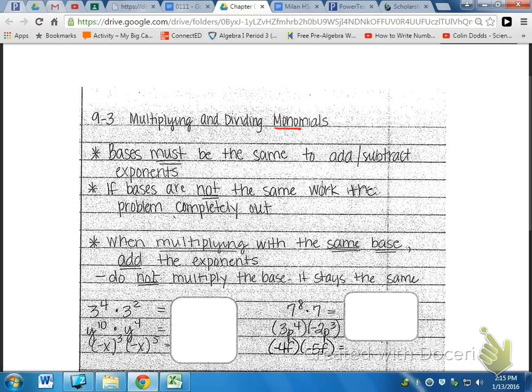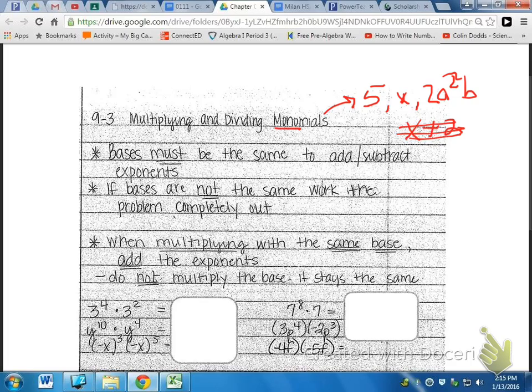So a monomial could be the number 5, it could be x, or it could be 2a squared b. Anything that doesn't have a plus or minus in it. For example, x plus 2 is not a monomial. So I just wanted to get that out there.